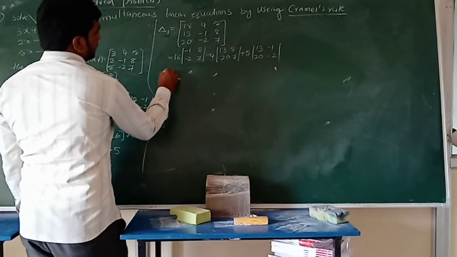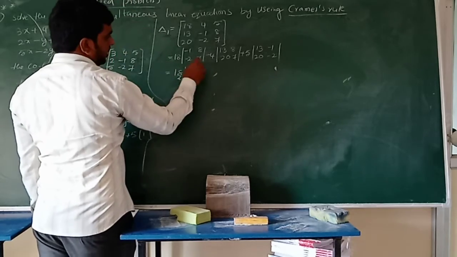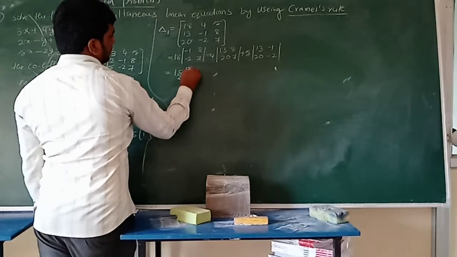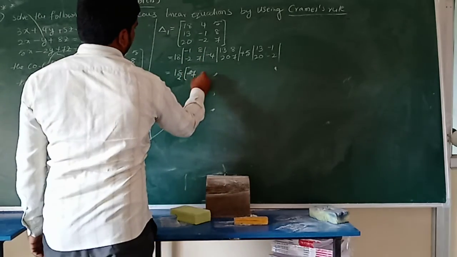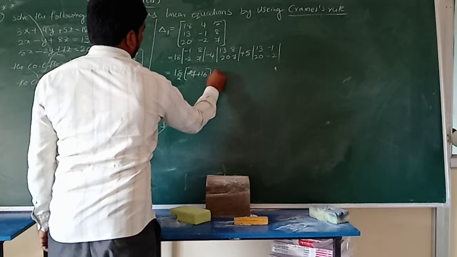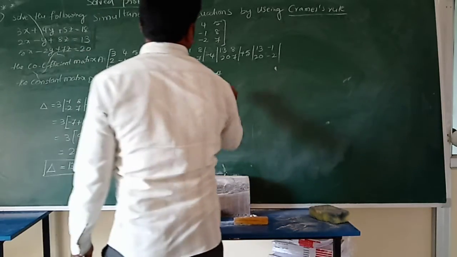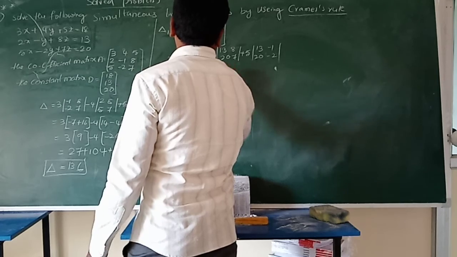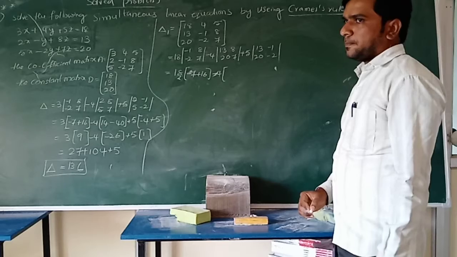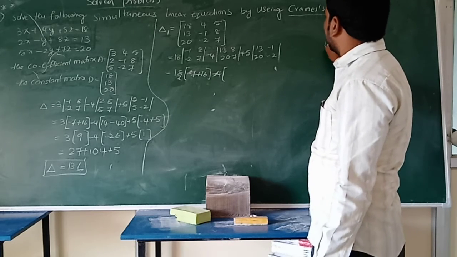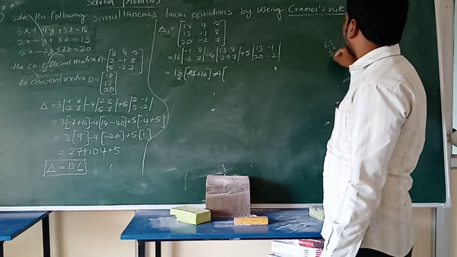Now that is equal to 18 into 1 into minus 7, minus 8 into minus 2 is plus 16. Now minus 4 into 13 7s are 91, 13 5s are 65, 65 plus 26, that is 91.